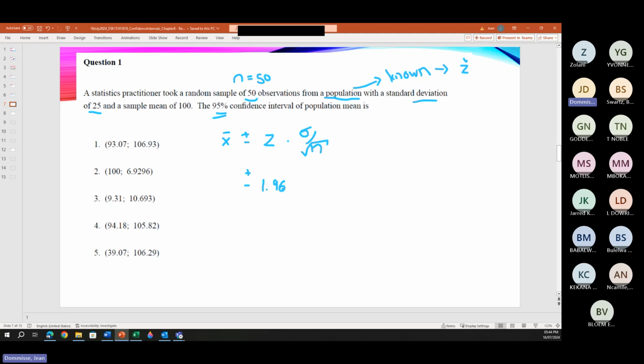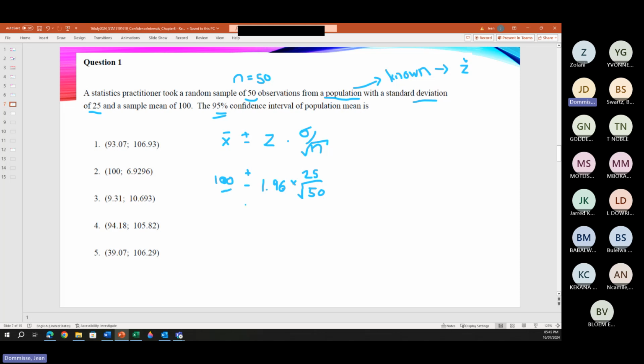So let's see, they said a sample of 50. They told us the standard deviation was 25. And they told us the sample mean is 100. Now a few things to guide you with.